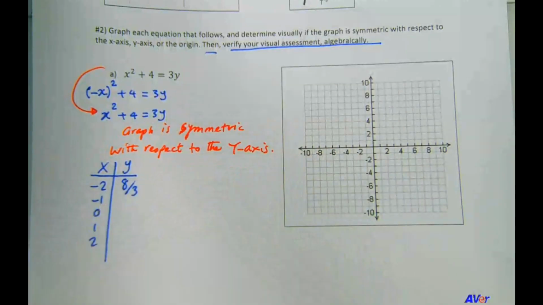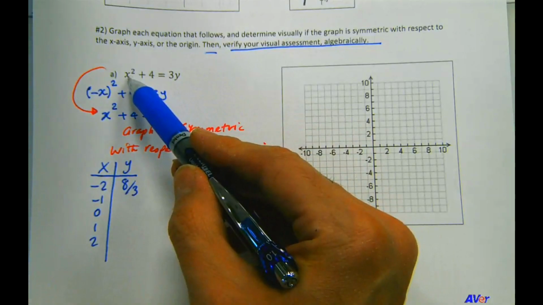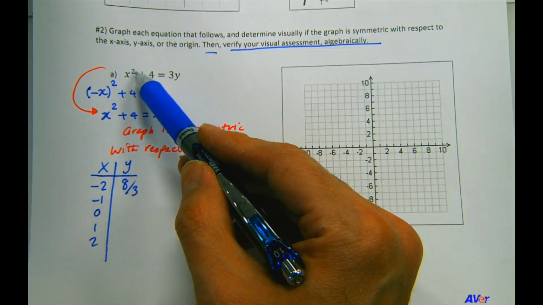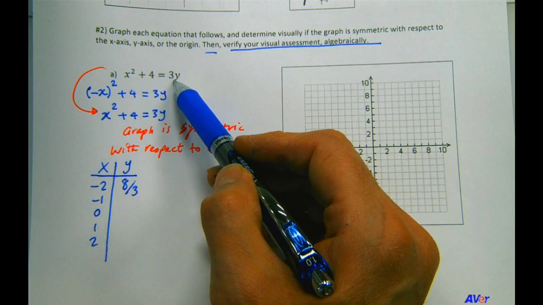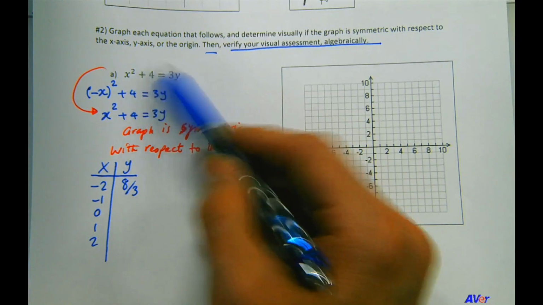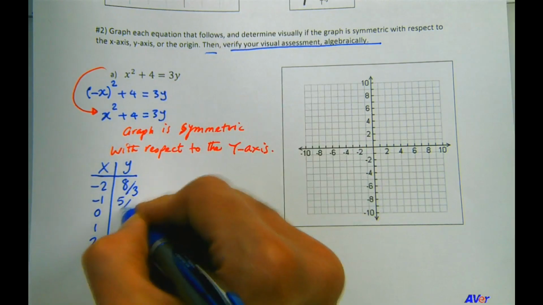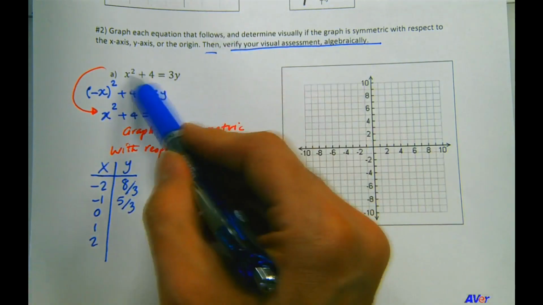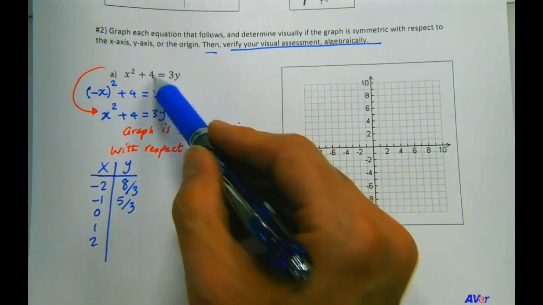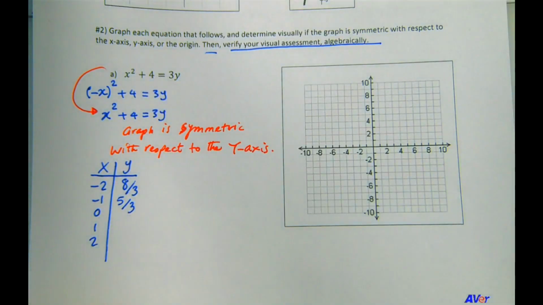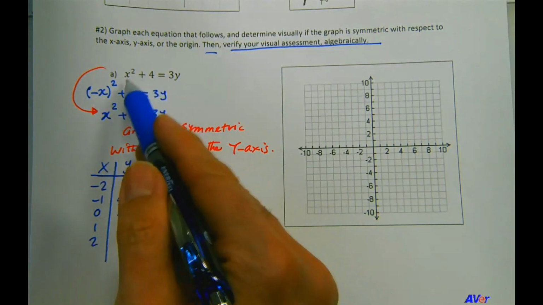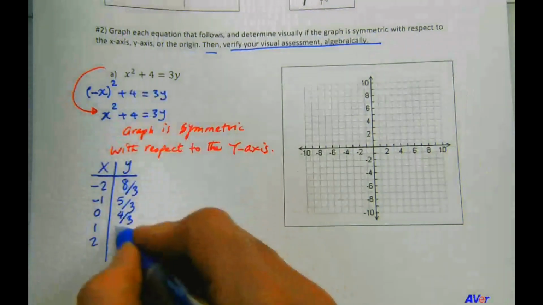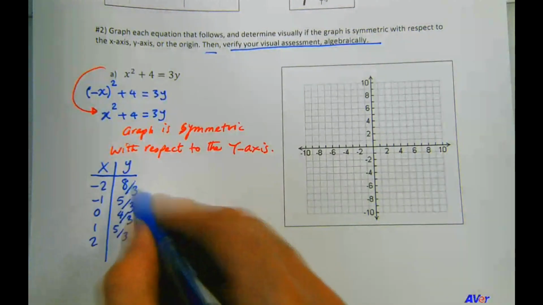If x is negative 1, squared that's 1, plus 4 is 5. 5 equals 3y, so y is 5 divided by 3. If we substitute x with 0, we get 4 equals 3y, so y is 4 divided by 3. If you substitute 1, you get again 5/3. For 2, again, we get 8/3.